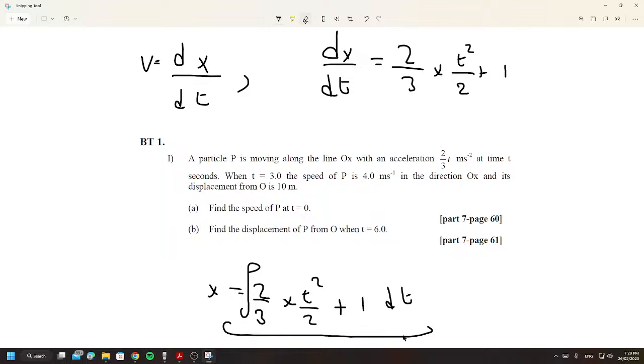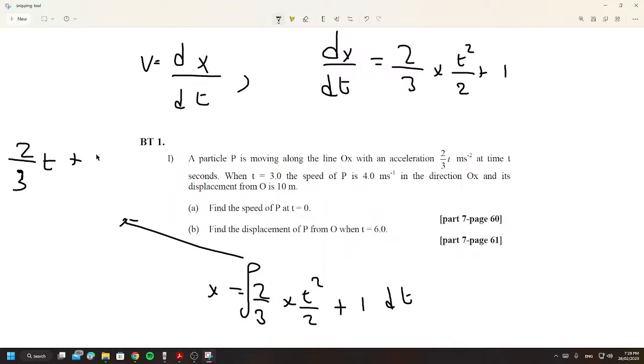I'm going to try. Okay, so the integral is equal to 2 over 3 t plus t squared, so t cubed over 3 times 2, which is 6, plus t plus c.